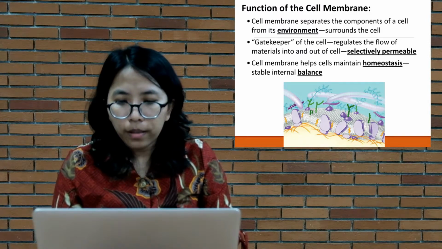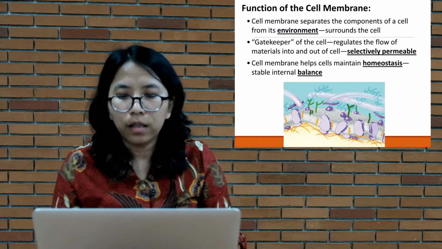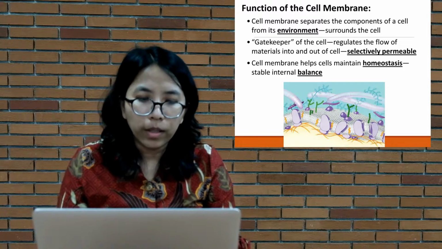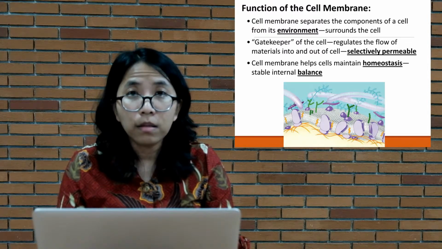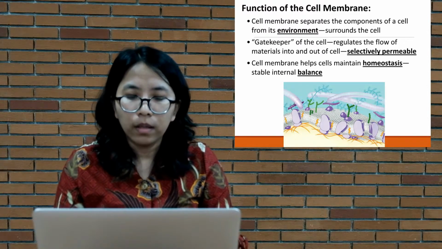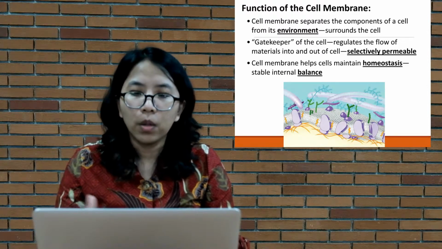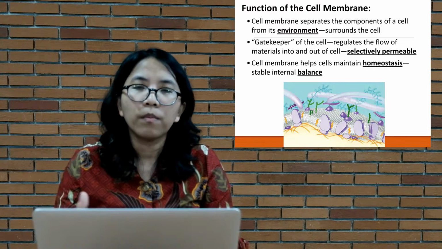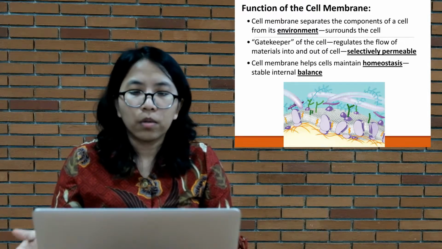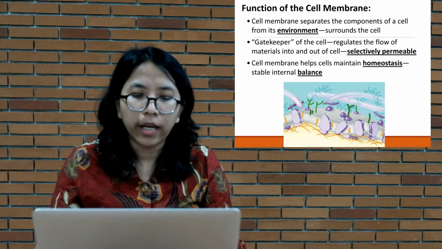The cell membrane is selectively permeable, so it regulates the flow of materials getting in and out of the cell. Some materials can easily go through, and some need energy or entry through specific proteins or channels.